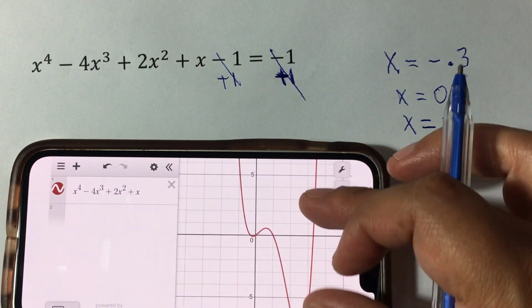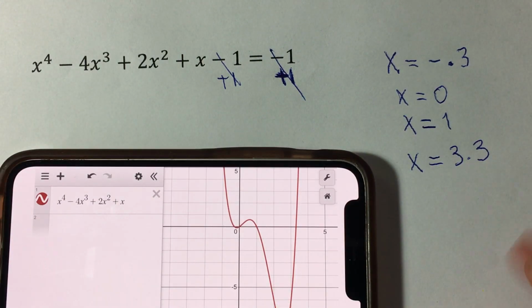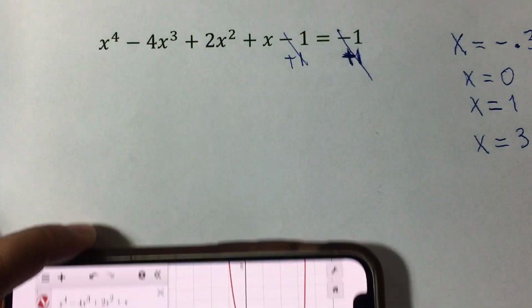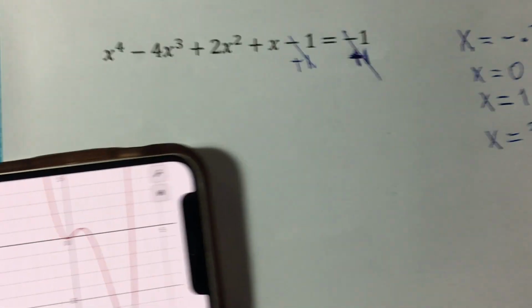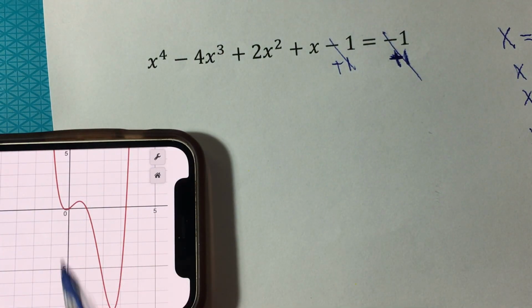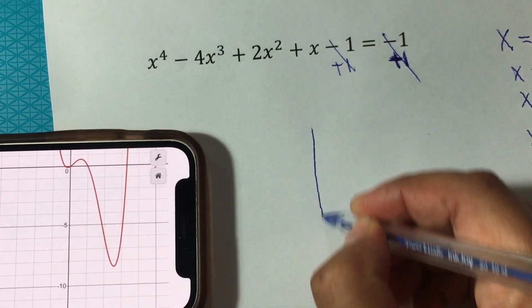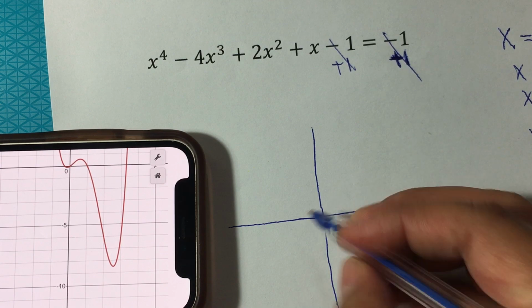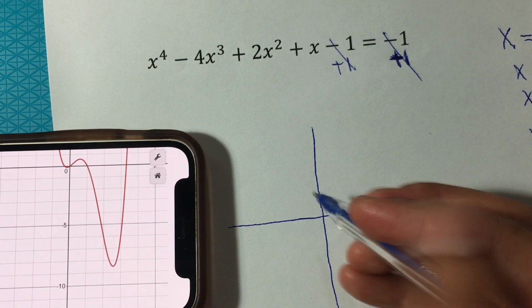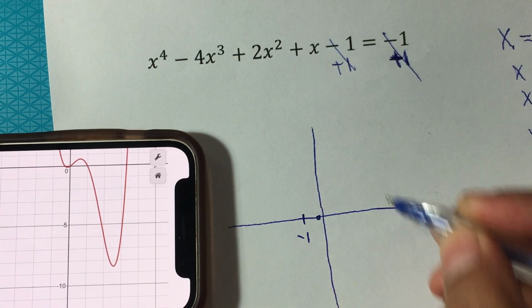The next thing that you will be doing is sketching the graph in your homework. Okay, let me see where I can move it. I'm going to put up to 5. In here it goes past 5 but less than 10. So it goes through negative 0.3. We have negative 1, and negative 0.3 will be around here.